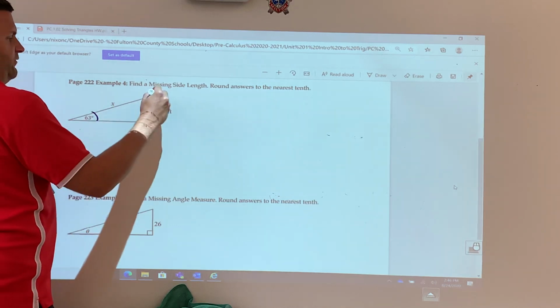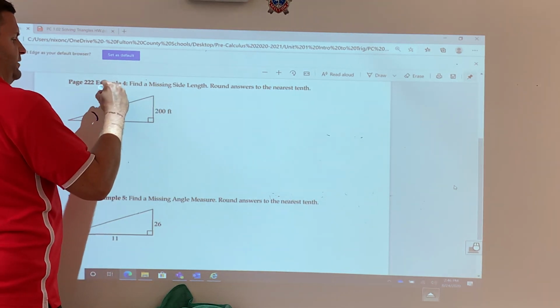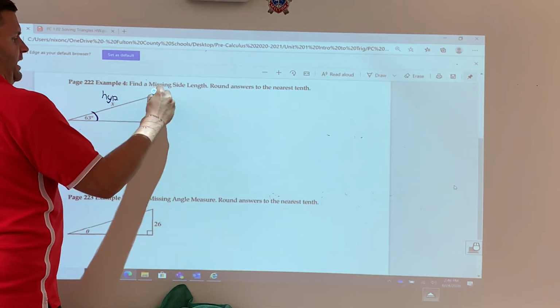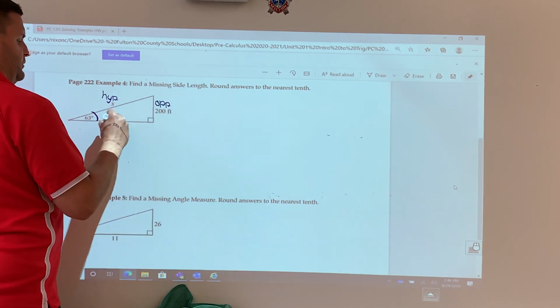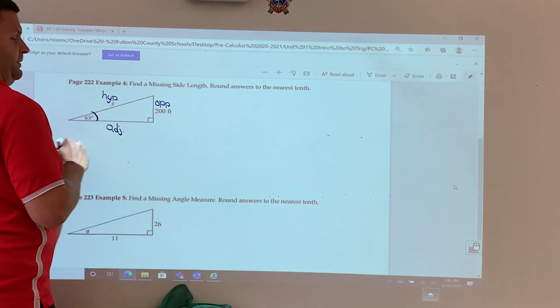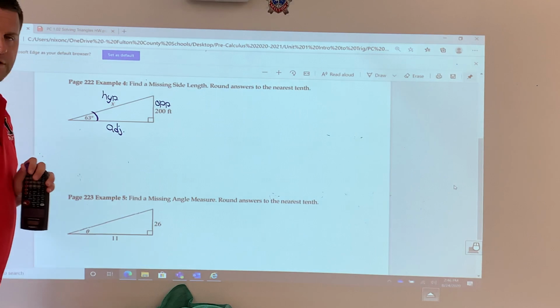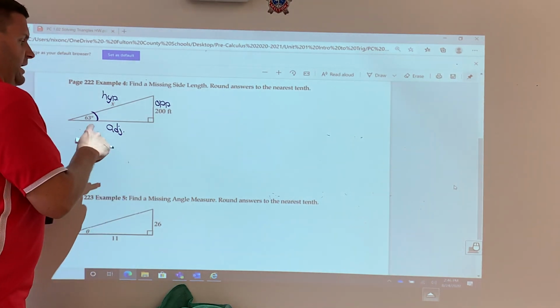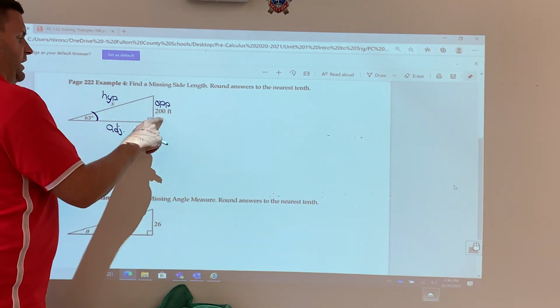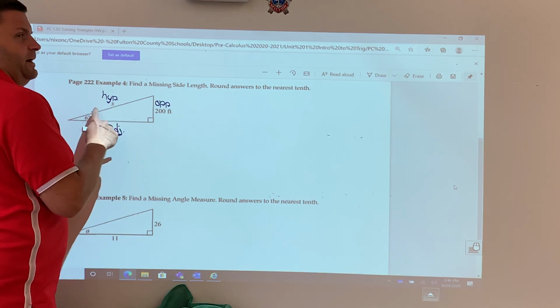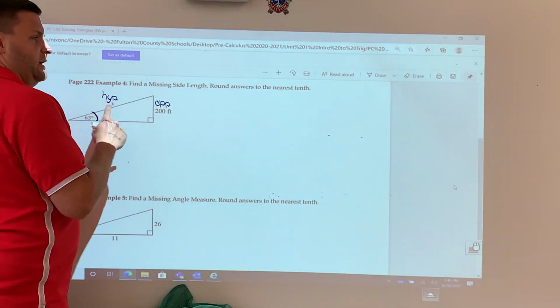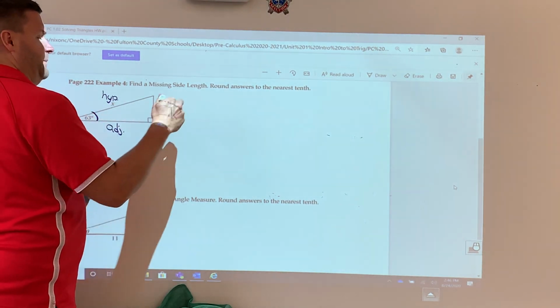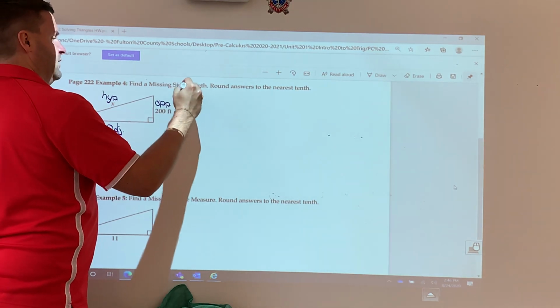So recall before what that was. This is my hypotenuse. This was my opposite. This was my adjacent. So look at all the information given to me now. Do I have enough information to look at opposite and hypotenuse? Opposite hypotenuse, what trig ratio supports that? That would be sine. So we're going to set up like this.